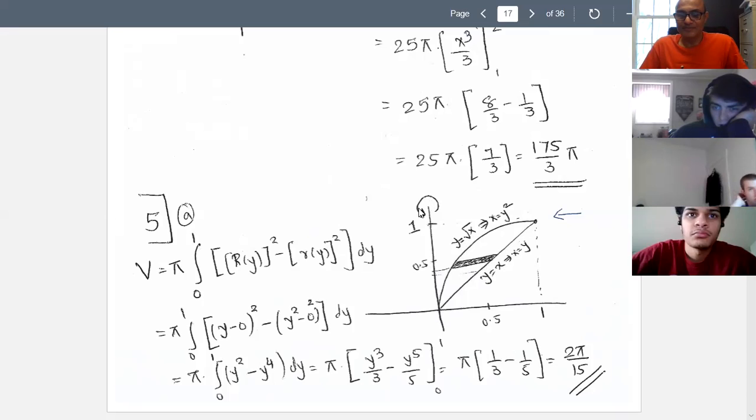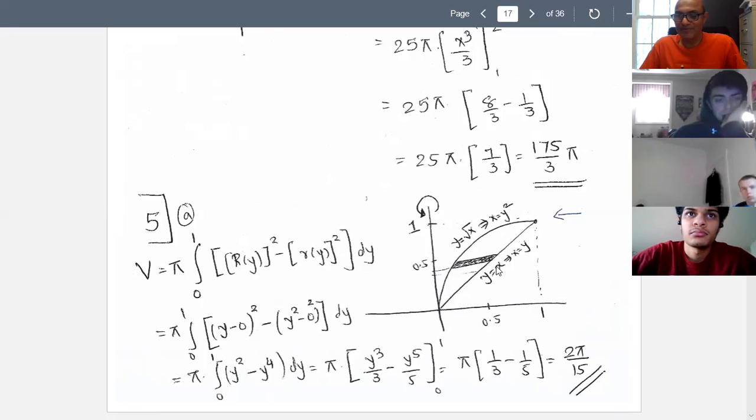Judith? Yes, sir. Look here. First of all, with respect to the y-axis, disk and Washer demands that my strip must be perpendicular to the axis of revolution. That means I don't have any other choice except the horizontal strip. Agree? Yes, sir.